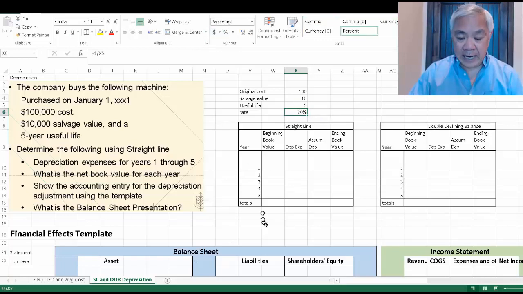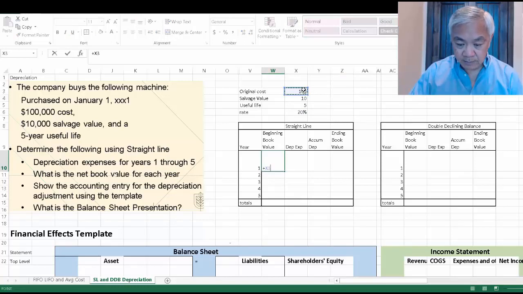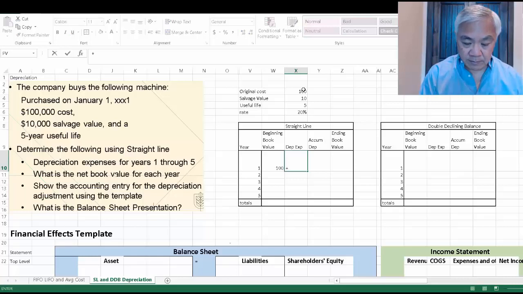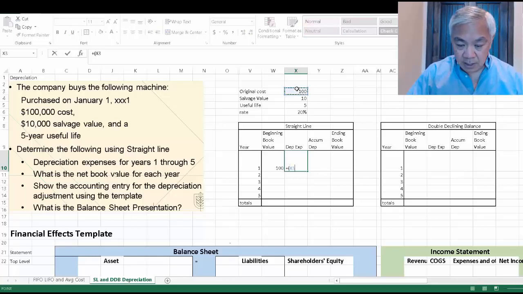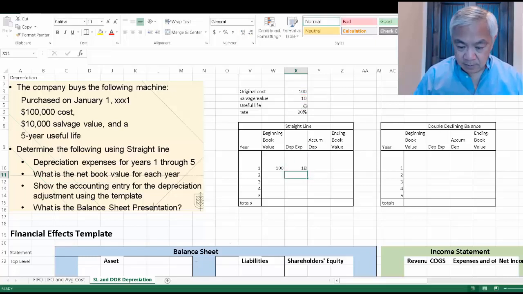So how do we put that into action? The beginning book value when we first bought this machine is what? It's 100. So let's put that here. The depreciation expense for the year is, the depreciable base is open parens, the original cost minus the salvage value, divided by 5, which is the same as multiplying times 0.2.